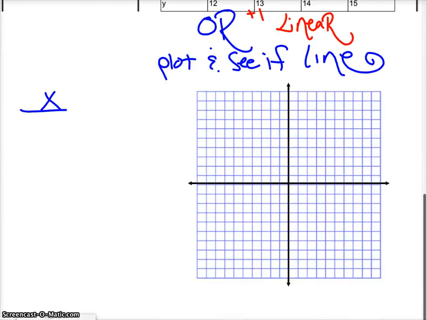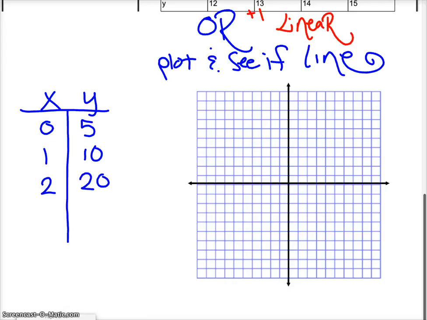I want you to plot these points and tell me if this is linear or nonlinear. Is this going to be linear or nonlinear? But plot them first, and you're going to be like, but how? Today you're going to be like, how? A couple times, because you get some big numbers. You're going to have to scale it.